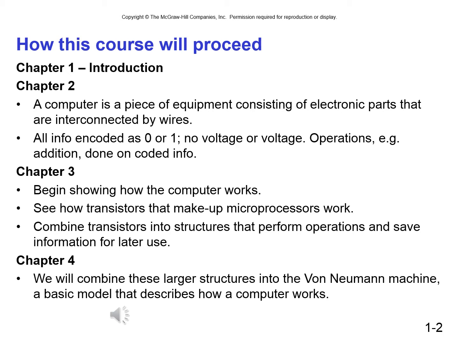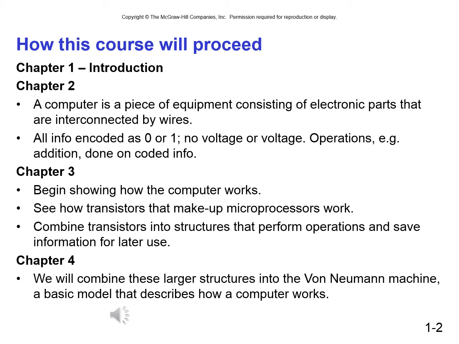Chapter 3, we start to understand how the computer works, how transistors, the smallest building block of a microprocessor or a chip, are used to then make up larger microprocessors and other, I guess you'd say, circuits.